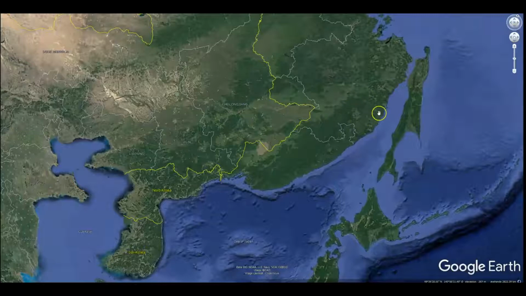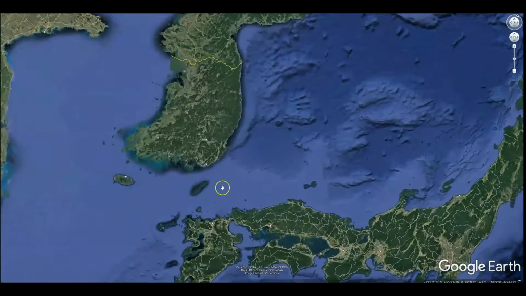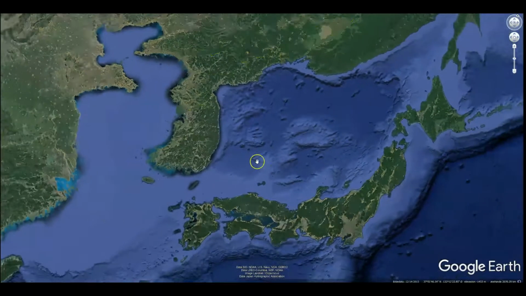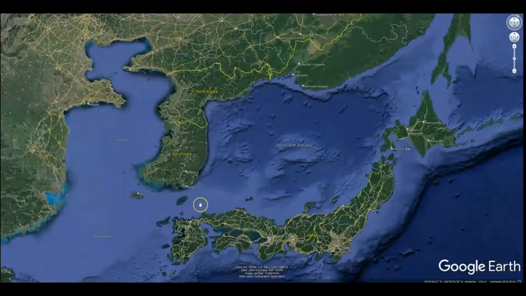But looking at the populations and the infrastructure point of view, I think the most feasible option in the near future is this part, from Fukuoka to Busan.